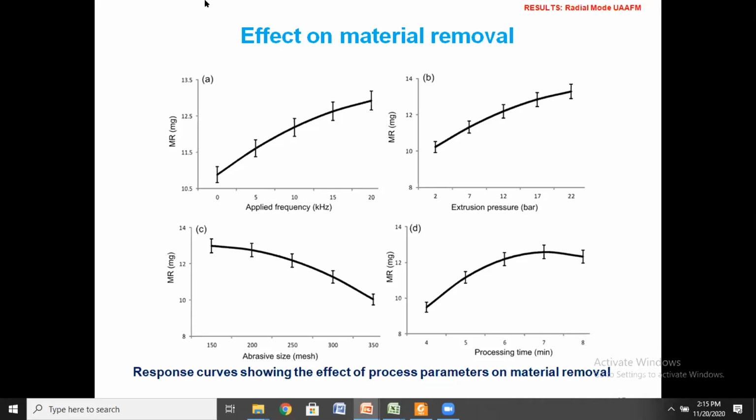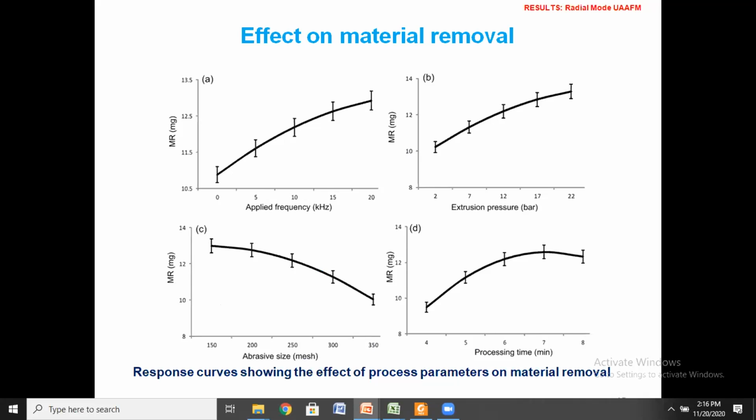However, here the result is interesting. So if you see the abrasive mesh size, if the mesh size is less, it means that the particle size is more. So if the mesh size is more, means the particle size is less, right? So finer the mesh, higher the mesh actually.